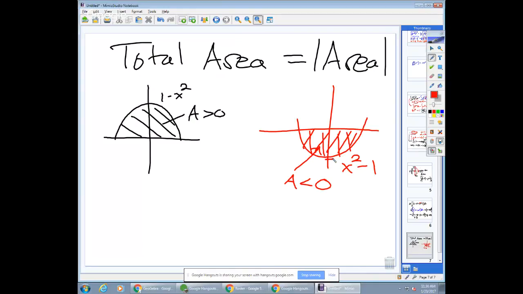When we're looking for total area, that means we have to look at the function carefully and say, are there any parts of my function that are underneath the x-axis? Because if I integrate those, they will cancel out with positive stuff. So, for example, if we were to integrate the sine of x from negative pi to pi, I don't even have to do any work but visualize the graph.